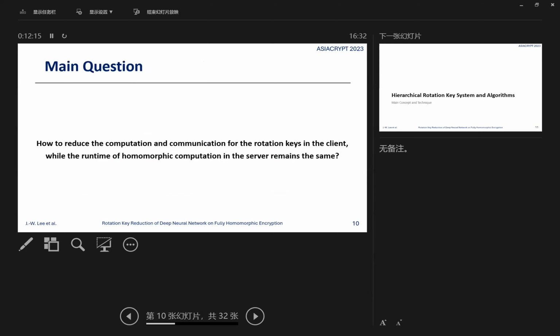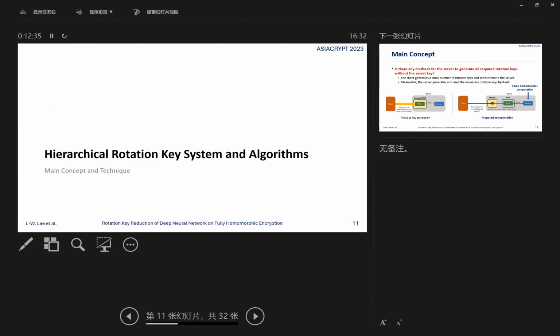The main question is how to reduce the computation and communication for the rotation keys in the client while the runtime of the homomorphic computation in the server remains the same. So we want to satisfy these 2 conditions, and we solve the problem with this hierarchical rotation key system.